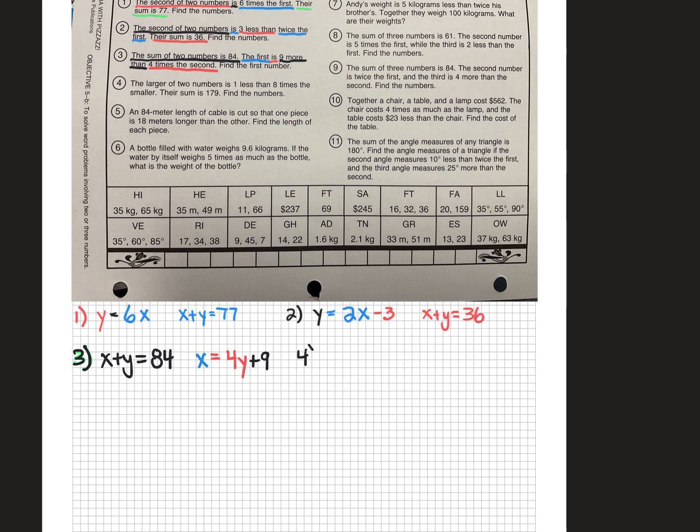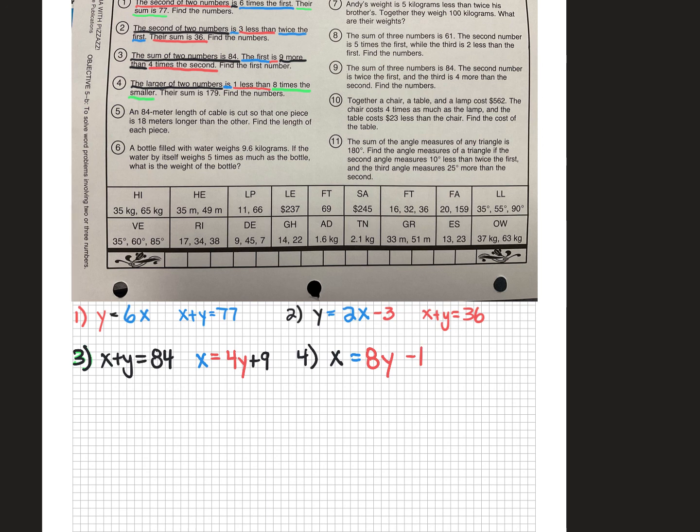Number 4, pretty easy. The larger of two numbers, now whenever we talk about two numbers, I always call the better one or the bigger one or the stronger one x. So the larger of two numbers, x, is equals 1 less than, so we're going to take away 1 from something, 8 times the smaller number, equals 8 times the weaker number, and we call the smaller one y, just so I don't get confused in my own head.